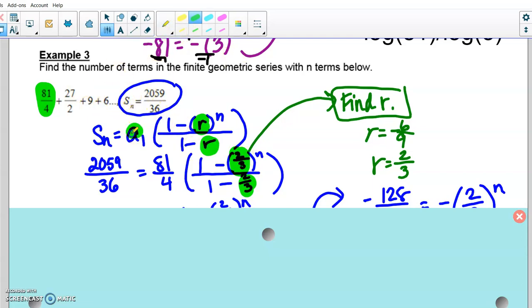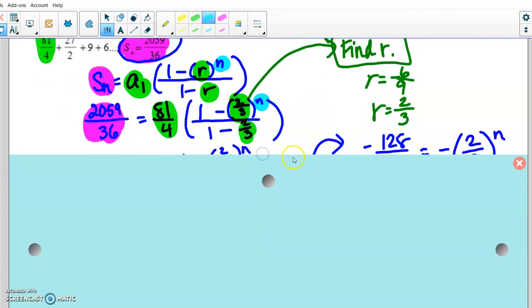We also know that a sub 1, our first term, is 81/4. So just looking at that sequence listed out there, I have a lot of information. Then within the problem, they tell me that S sub n is 2059/36. So I'm going to substitute that in where it belongs. So again, here's where I'm going to have to use some algebra skills to figure out what this n is.